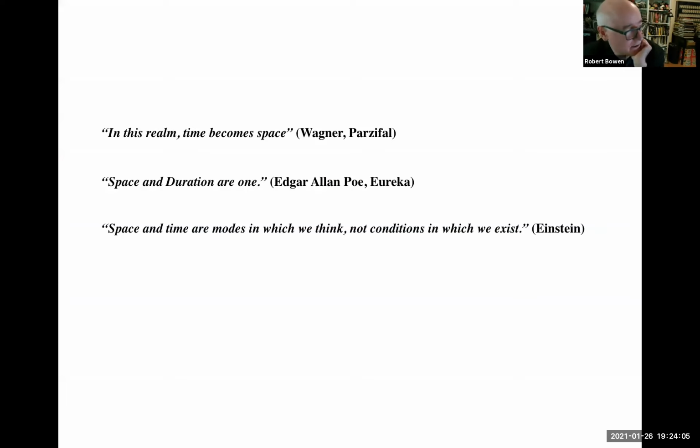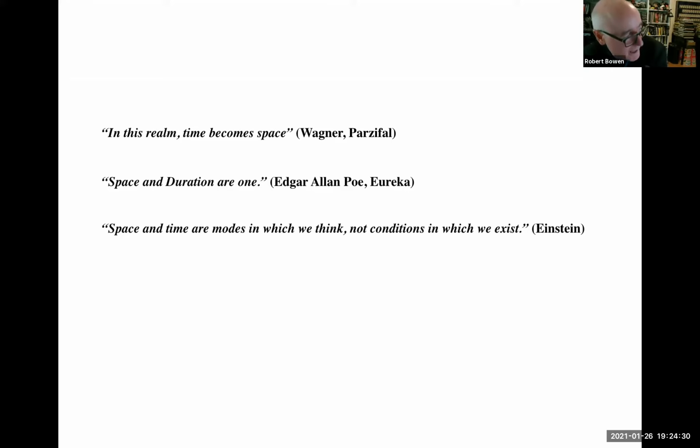Here's some quotes that I think I reproduced in the announcement for the workshop, but I thought they were useful here. So Wagner was a 19th century composer of operas.